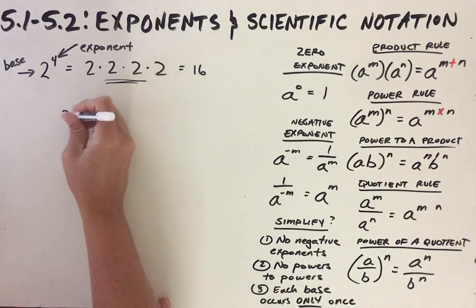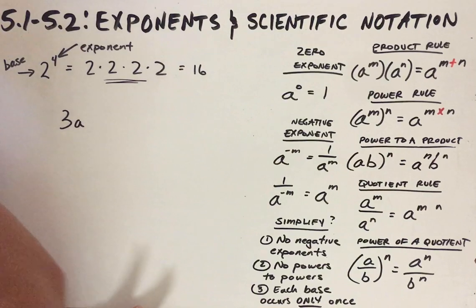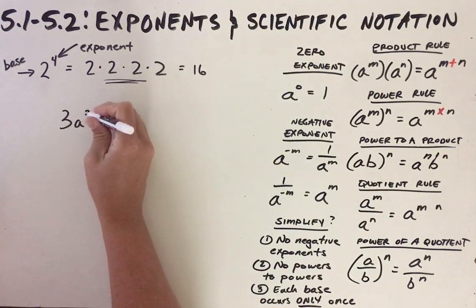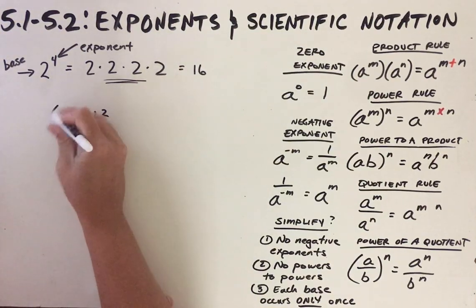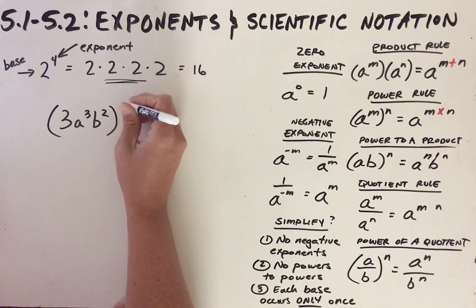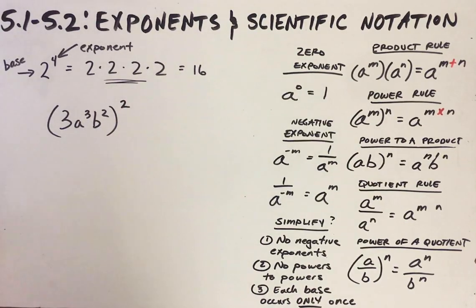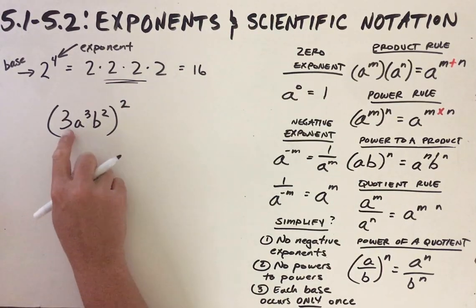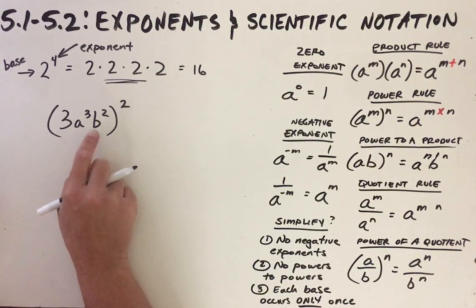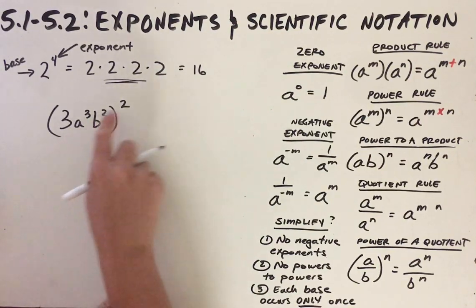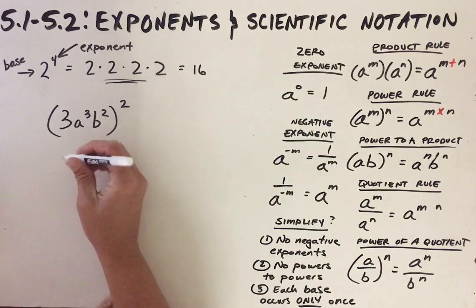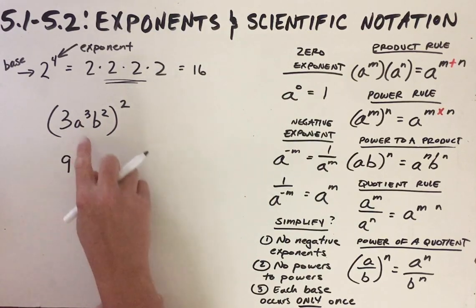Let's say that we have 3a cubed b squared, and I want to raise this to the second power. Well, then what this is saying is 3 is a different base, a is a different base, and b is a different base. So 3 squared is 9.